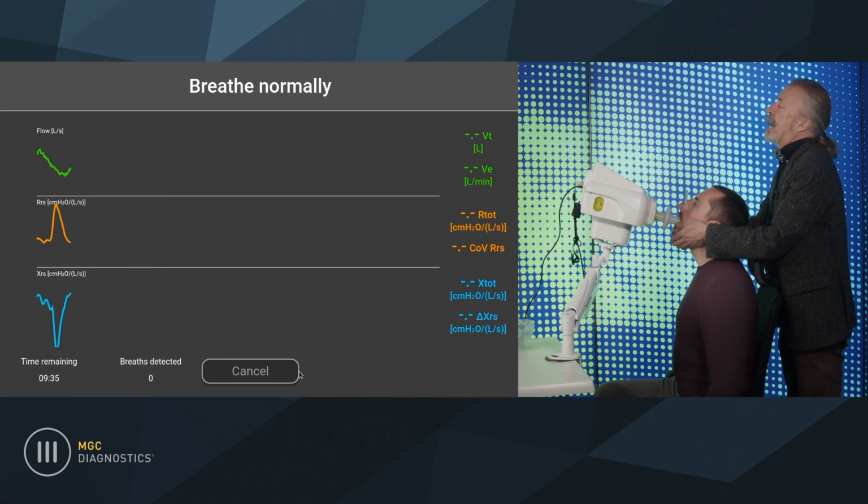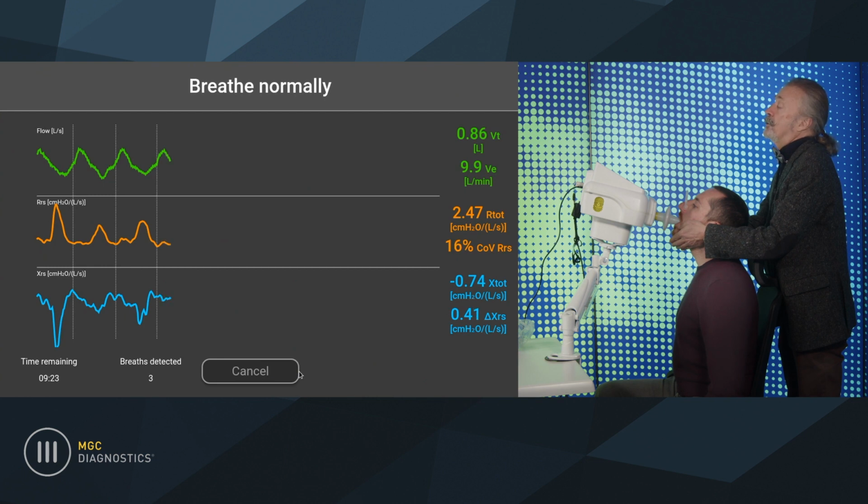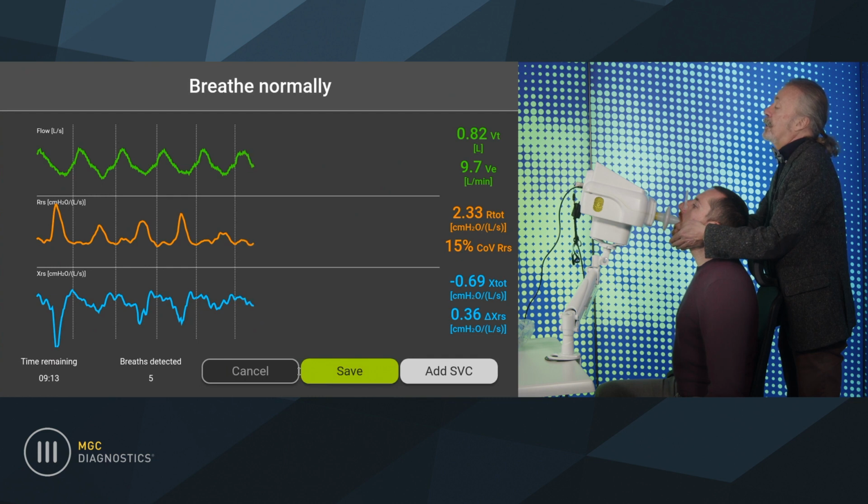We're looking in real time at the tracings from top to bottom of flow, resistance, and reactance. But most important, on the right-hand side, the tidal volume, the ventilation, the resistance, the coefficient of variation within this measurement, the reactance, and in real time, the expiratory flow limitation, particularly useful for COPD.